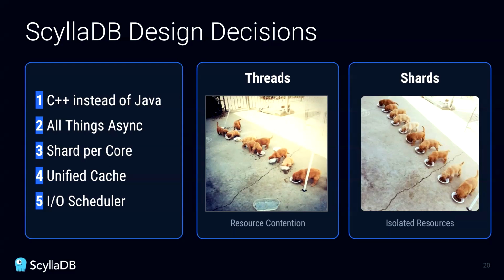A thread pool means that whenever there's a task, the operating system selects a thread, the thread locks and performs that operation. Whereas in the shard per core architecture, each core gets its own resources like memory, like networking, like CPU, and it performs in an asynchronous way the work that has to be done.